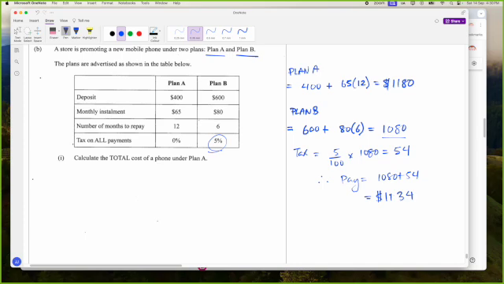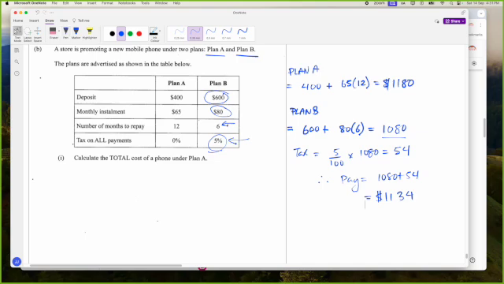So we could definitely see here that even though Plan B has a greater deposit and a greater amount per month, you have fewer months, yes, but they're even charging you a tax.